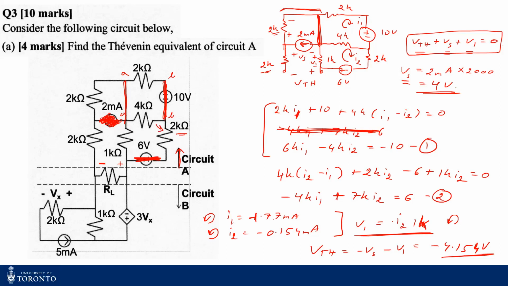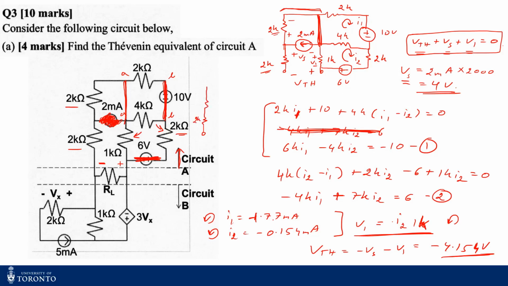And this thing is parallel with this 1 kilo ohm, and this thing is in series with the other 2 kilo ohms. Once you plug in all the values, I'll just show a simplification.